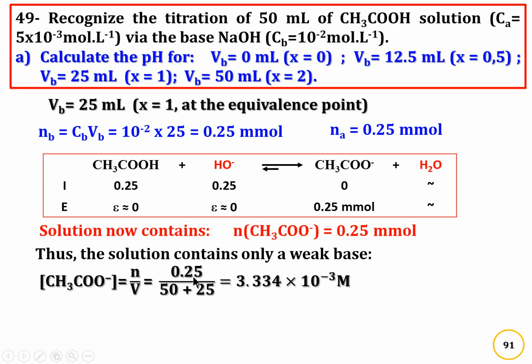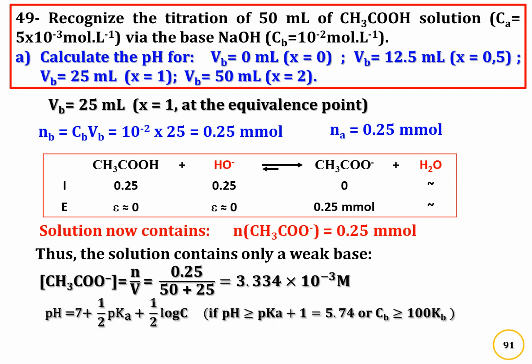So equals 0.25 millimole divided by 50 plus 25 milliliter. So the concentration of acetate at the equivalence point equals 3.334 10⁻³. So the pH at equivalence will be basic, and this is the pH of the weak base.